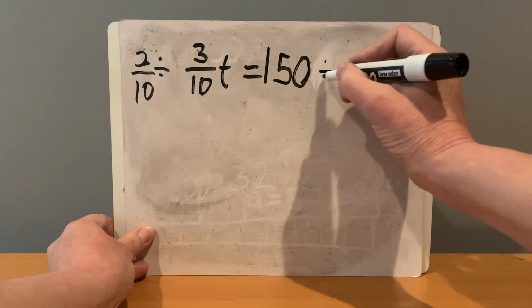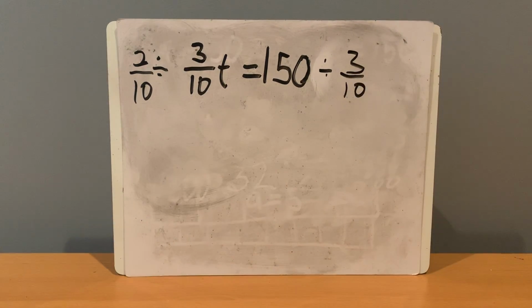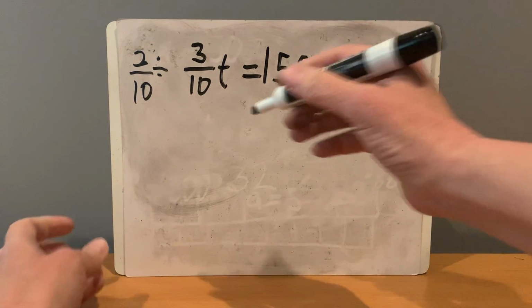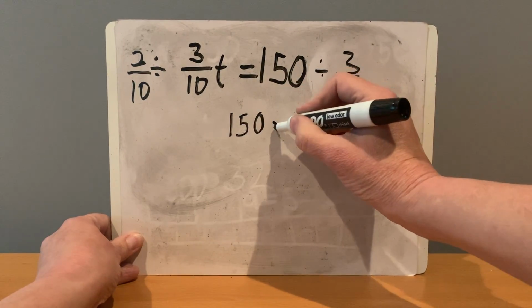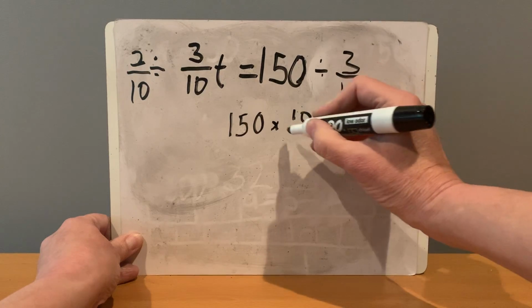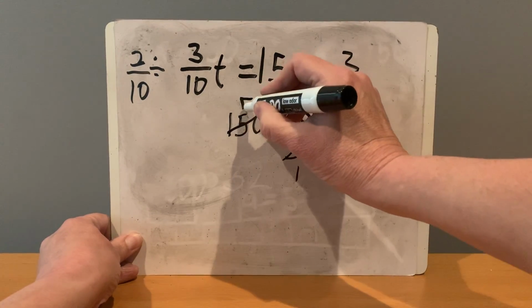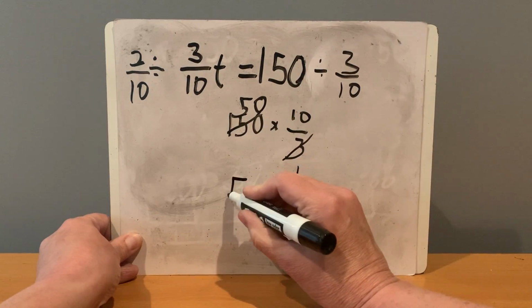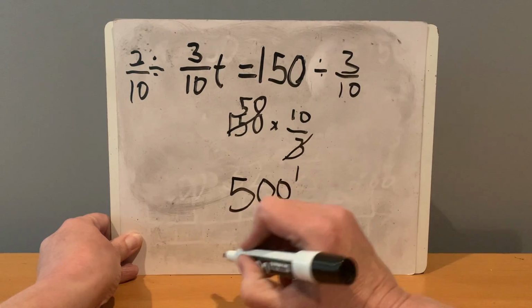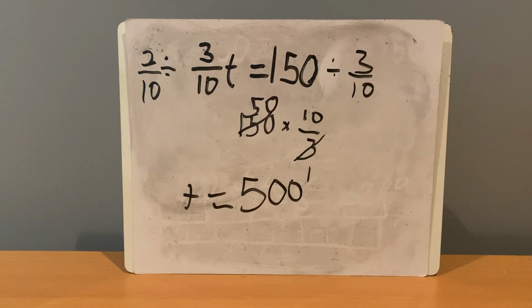So we'll divide 150 by 3/10. Of course, when we're dividing a fraction, we're multiplying by the reciprocal. So we take 150 and multiply that by 10/3. We can cross cancel right here, and we see that 50 times 10 is 500. So T equals 500.